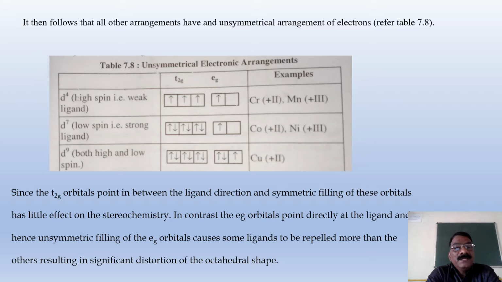The t2g orbitals point in between the ligand directions, and symmetric filling of these orbitals has little effect on the stereochemistry. In contrast, the eg orbitals point exactly in the direction of the ligands, and hence unsymmetrical filling of the eg orbitals causes some ligands to be repelled more than others, resulting in significant distortion of the octahedral shape.